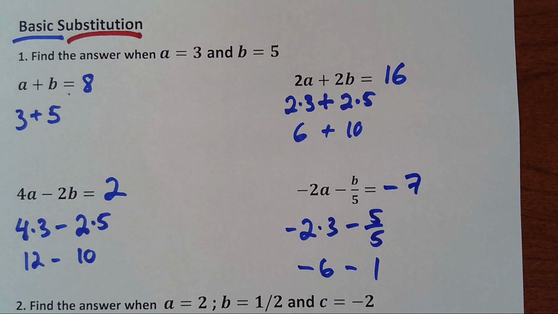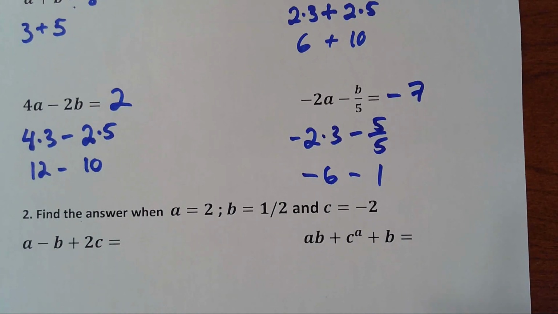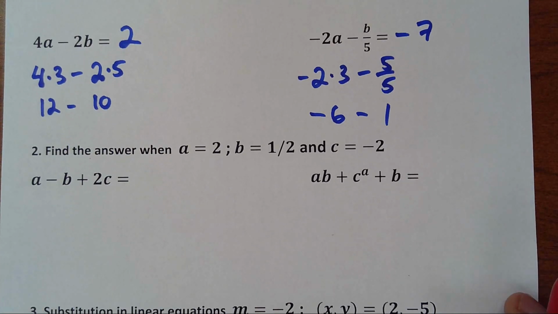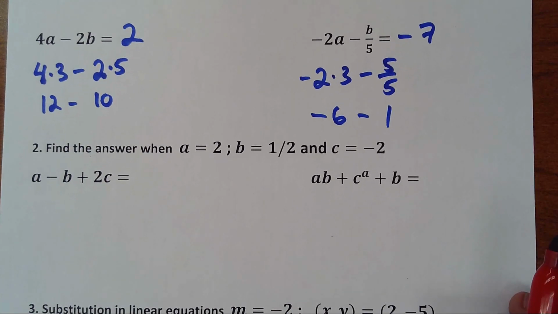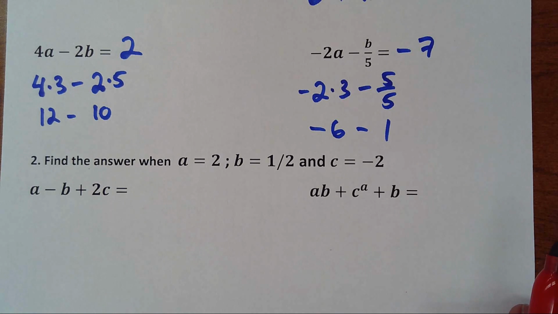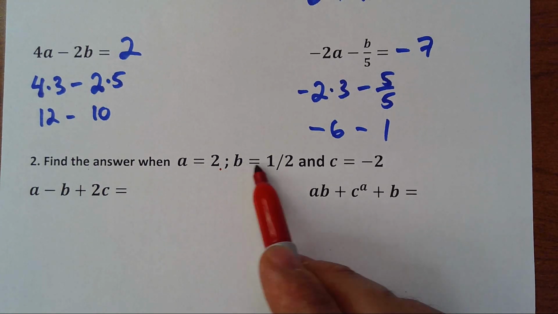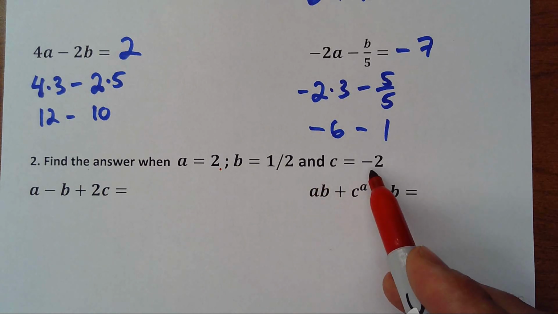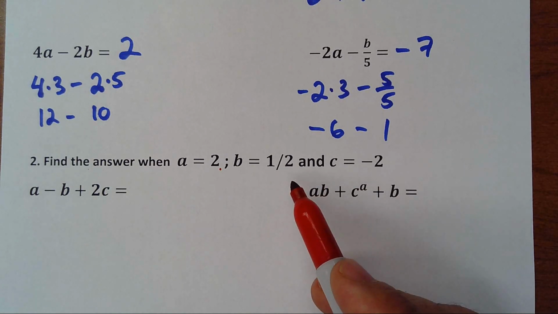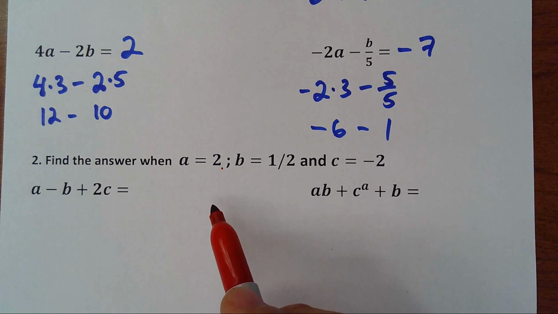Now we're gonna introduce fractions, exponents, and we're gonna work with 3 variables instead of just 2. So a is 2, b is 1/2, and c is negative 2. That's what I'm saying, this is more like for middle school students.